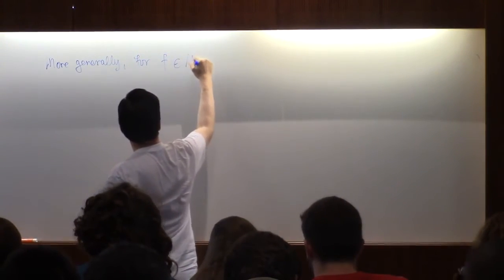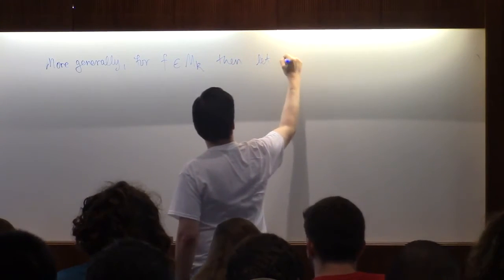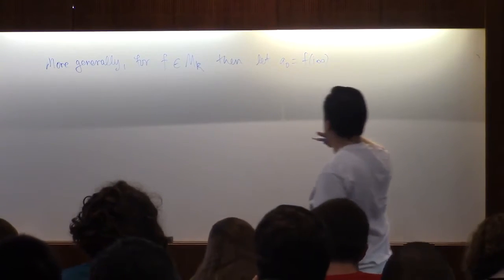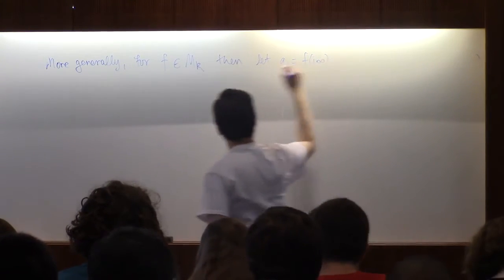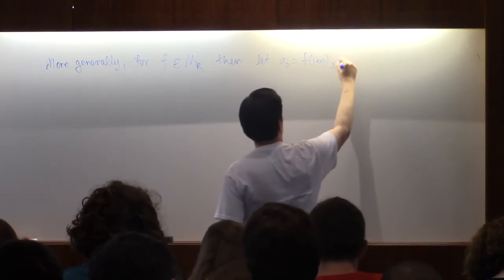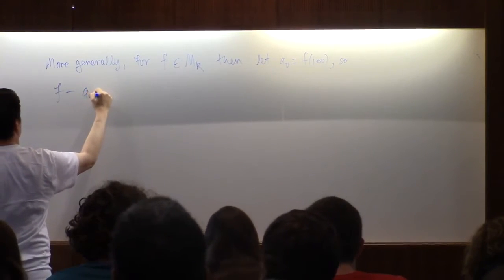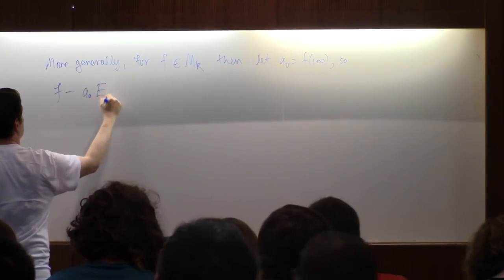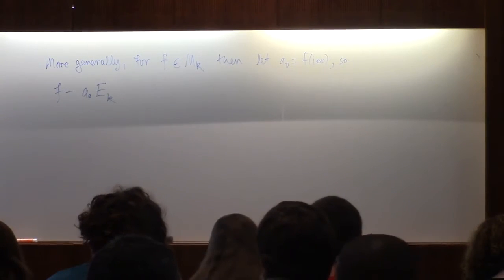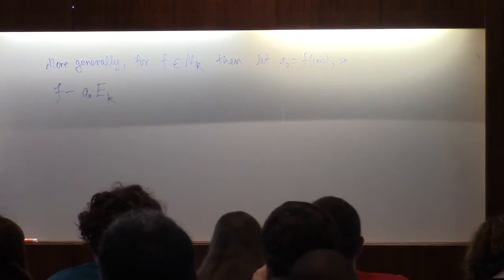So if you give me a modular form F of any weight K, let A0 be its constant term, its value at infinity, the constant term of the Q expansion. So if you look at the difference F minus A0 EK, that's a modular form of weight K, it's a vector space, and the difference at infinity vanishes, right?